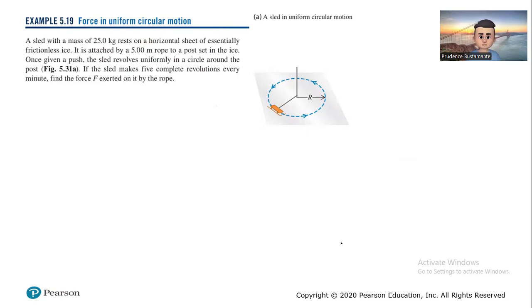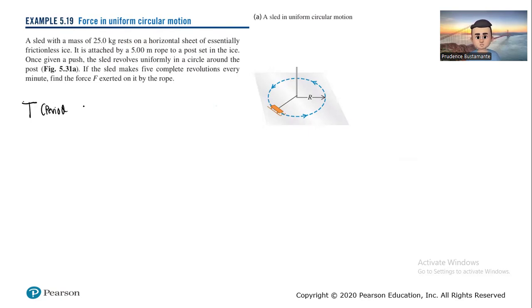Once you give a push, the sled revolves uniformly in a circle around the post. If the sled makes 5 complete revolutions every minute, find the force F exerted on it by the rope.